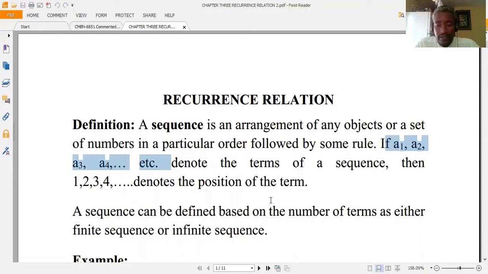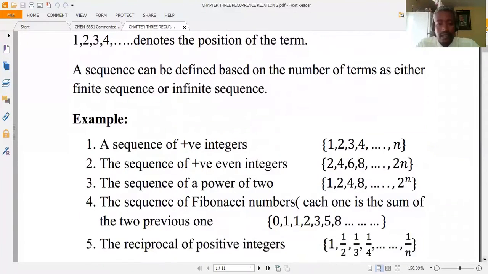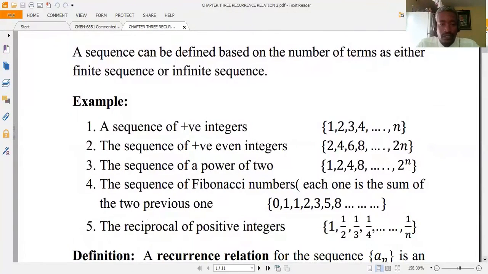And a sequence can be defined based on the number of terms, either as finite or infinite. Examples are the sequence of positive integers, the sequence of positive even integers, the sequence of powers of 2, and the sequence of Fibonacci numbers, which is a special type of sequence where each term is obtained by the sum of the previous two terms: 0, 1, 1, and then 2, 3, 5, 8, and so on.